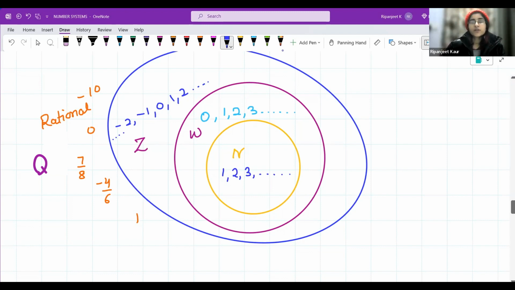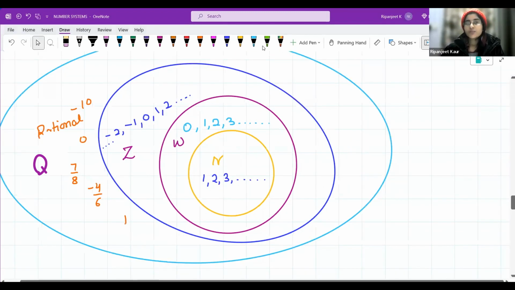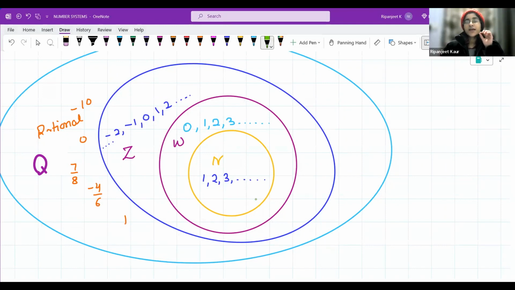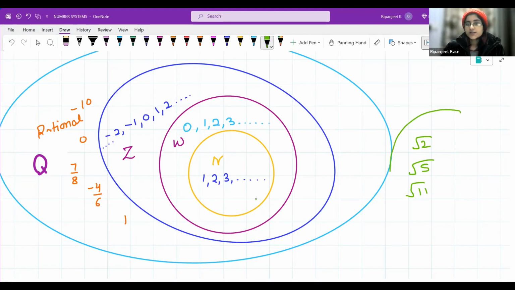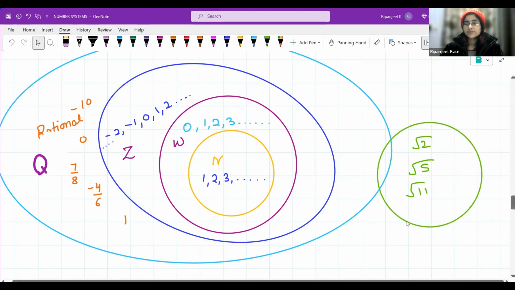After rational numbers, there was some type of numbers that were not there. Do you remember what type of numbers were not there in this number system? I hope you guessed it. Those numbers were irrational numbers. That is why we did not represent integers with I. Those were irrational numbers, like root 2, root 5, root 11, and these were separated because there are no numbers like these in the rational set.